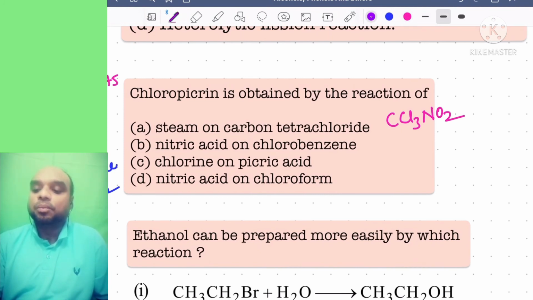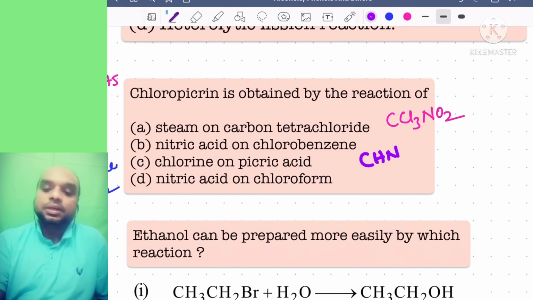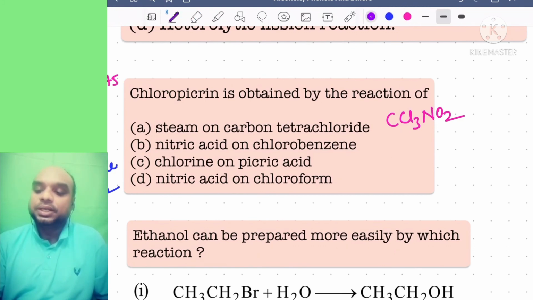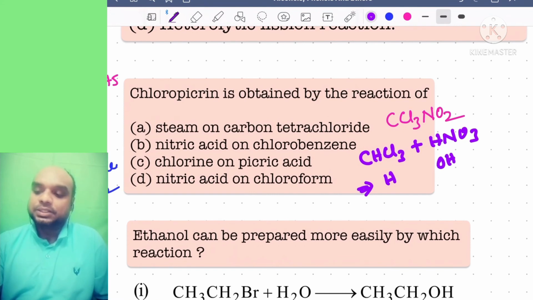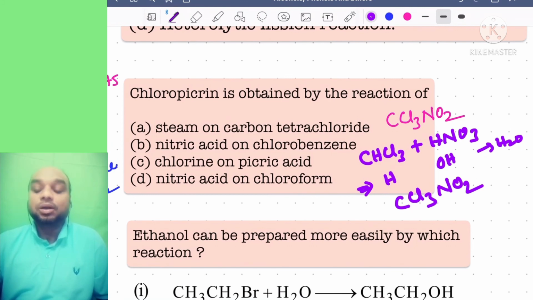Chloroform, CHCl3, plus HNO3: chloroform gives up H and HNO3 loses OH, so H2O comes out. The remaining products are CCl3 and, from HNO3 minus OH, NO2. This substance is called chloropicrin, also called tear gas.